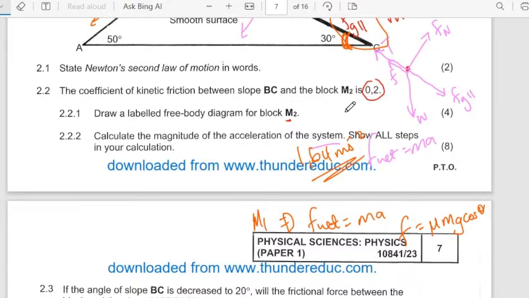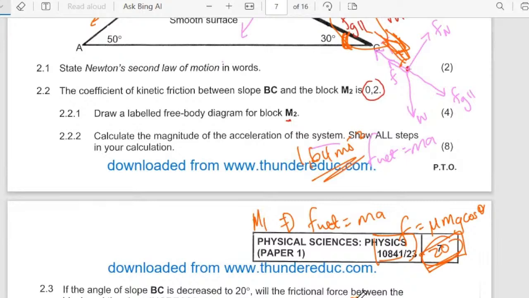And when the angle is reduced to 20, the frictional force becomes big. When it's at 20, you're making it difficult for the block to slide down the incline. So in this case, we're going to say the frictional force will increase.